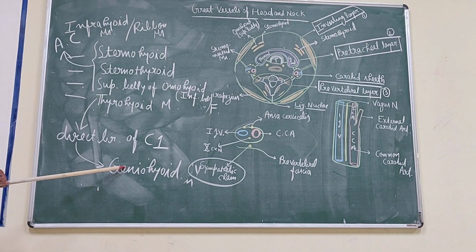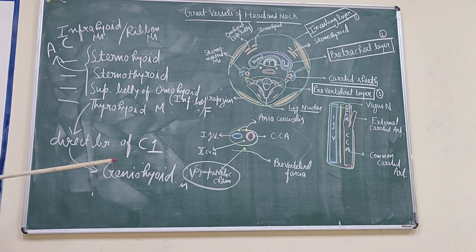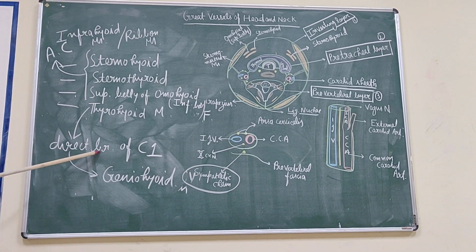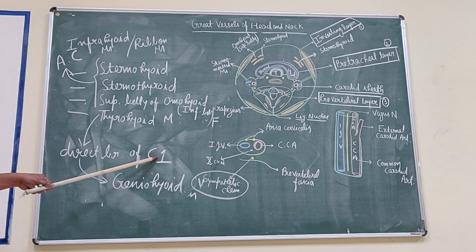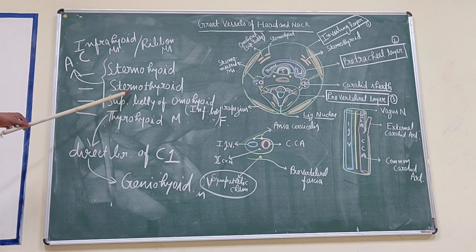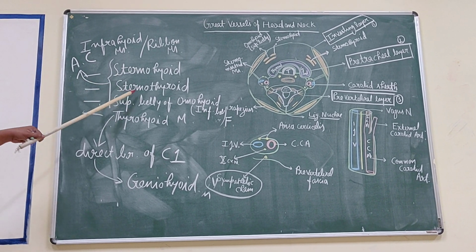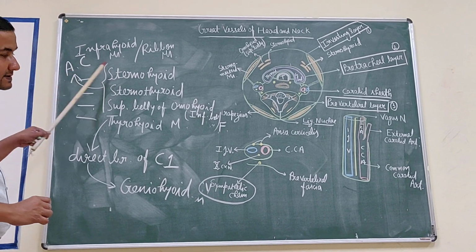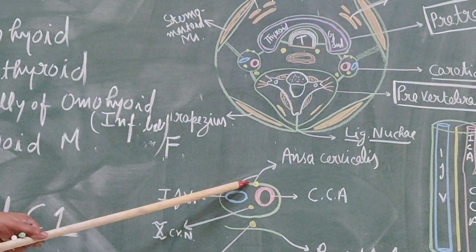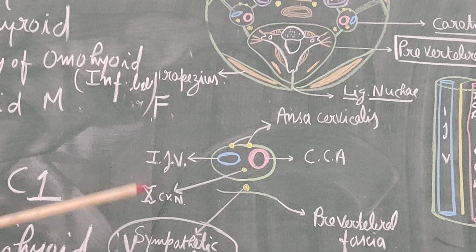While these three muscles are supplied by fibers of the ansa cervicalis, which is embedded in the anterior wall of the carotid sheath.